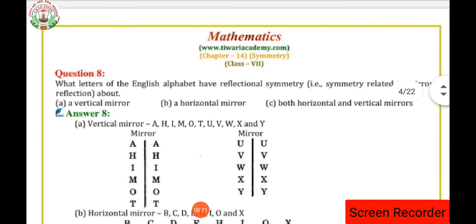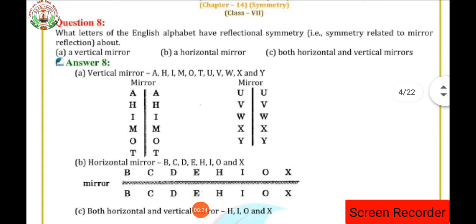Hope you people understood those questions. Next, we have question number 8. What is said in question number 8? Let's see. What letters of the English alphabet have reflection symmetry? That is symmetry related to a mirror, reflection.